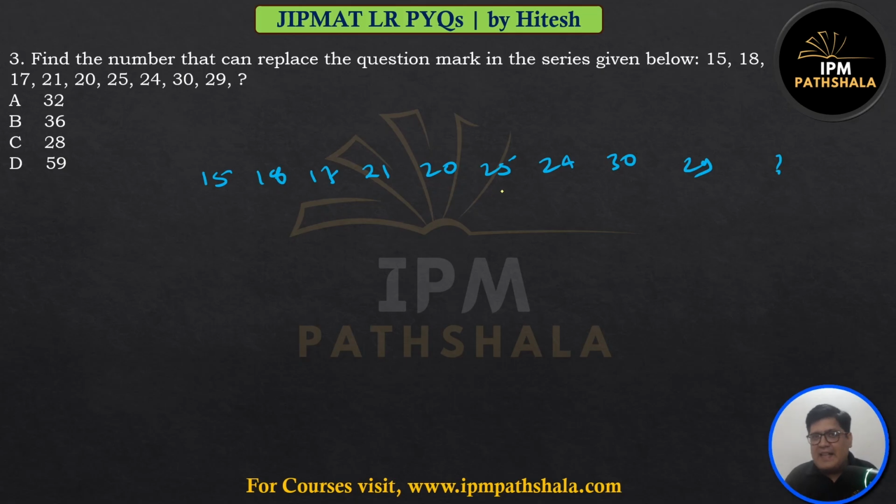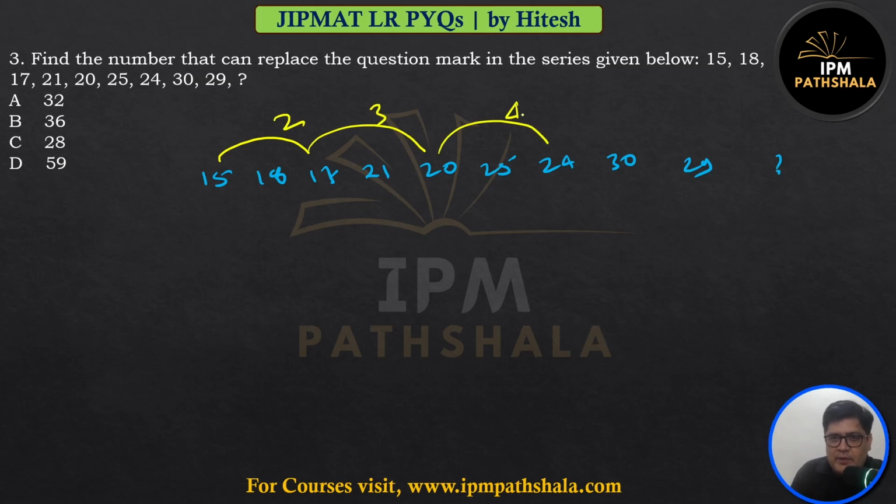Whenever increase, decrease happens alternately, you also think alternate. Don't go for successive terms. Look at this: there's an increase of 2, an increase of 3, an increase of 4, an increase of 5. After this, there'll be an increase of 6.